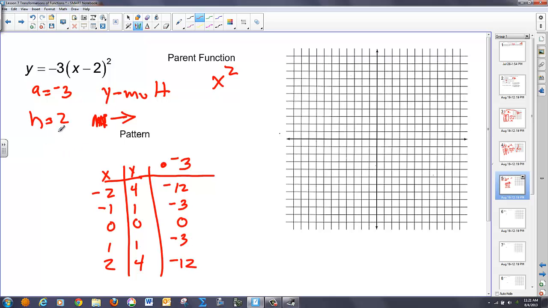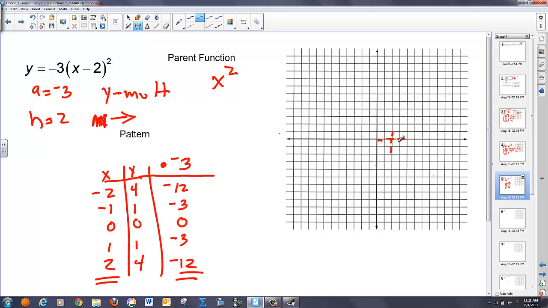And this problem has told me I'm going to translate all my coordinates 2 to the right. So my fictional origin is now at (2, 0). And from (2, 0), I've changed my actual pattern. Instead of going over 1, up 1, over 2, up 4, now I'm going over 1, down 3, and over 2, down 12.